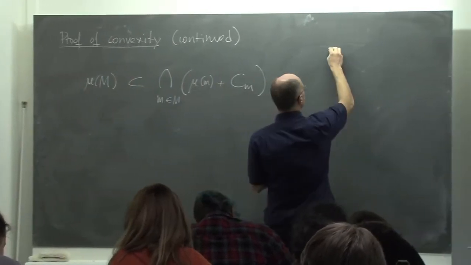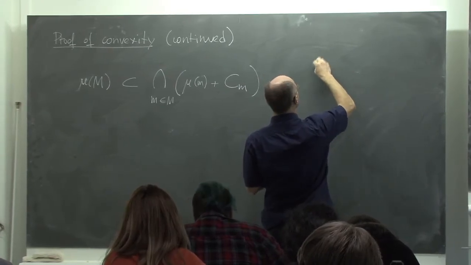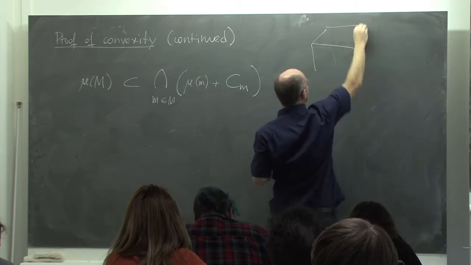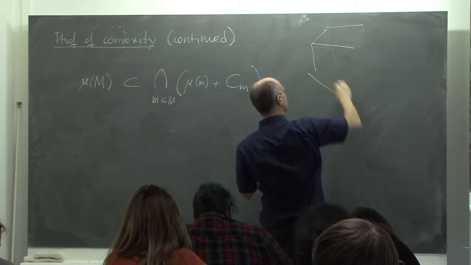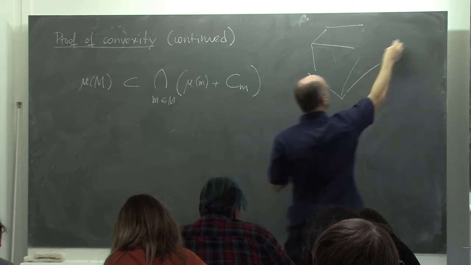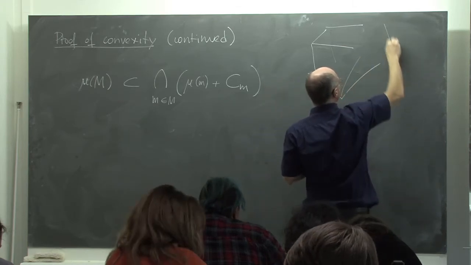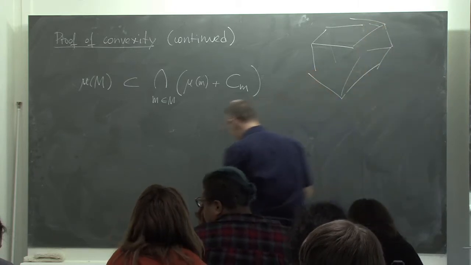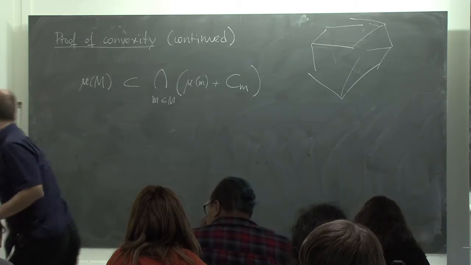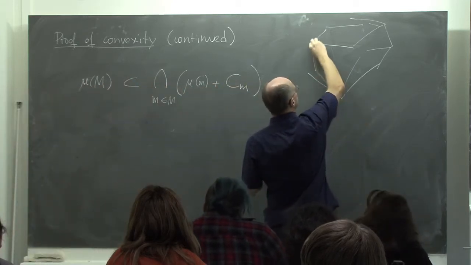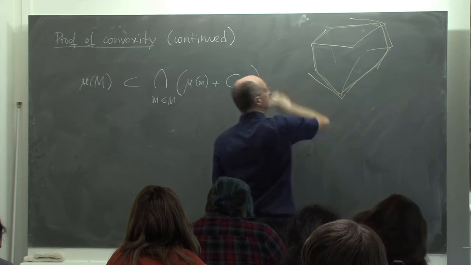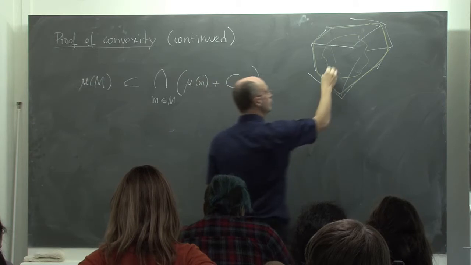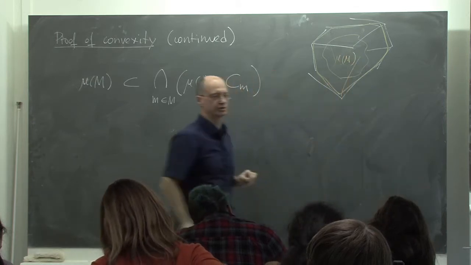So we take one such set, and then here we take another such set, and then here we take the third one, and somewhere here there is an intersection. And within this intersection somewhere there is mu of m. At the moment that's the picture.